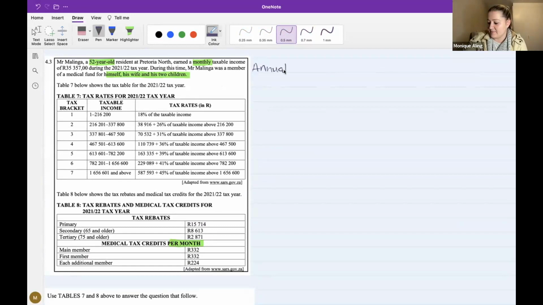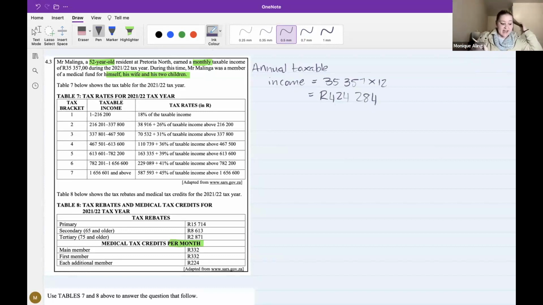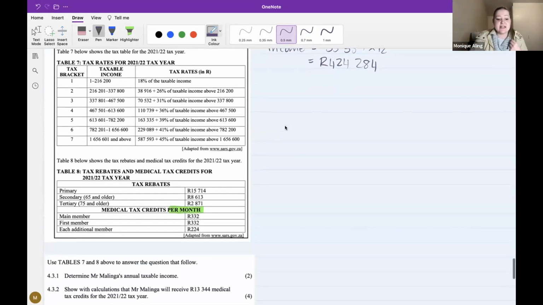Annual taxable income is his monthly income of 35,357 times by 12. And I see we've got some answers in the chat already. Okay, well done. Okay, so this is the part of his income that can be taxed. That's the annual taxable income.